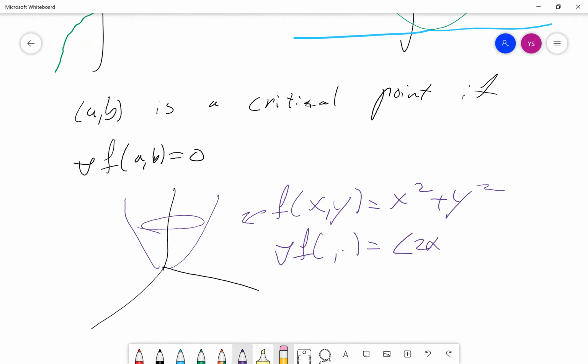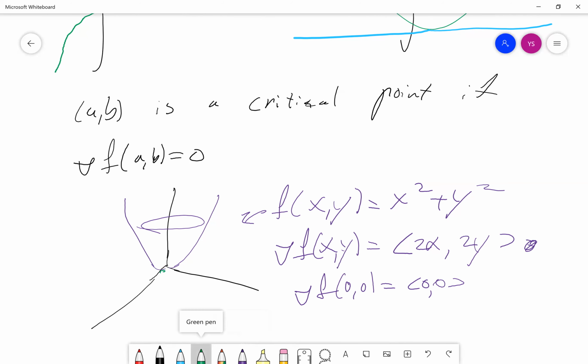So that is (2x, 2y). And if you take the gradient of f at the point (0, 0), you get (0, 0). And so this point over here at (0, 0) is a critical point.